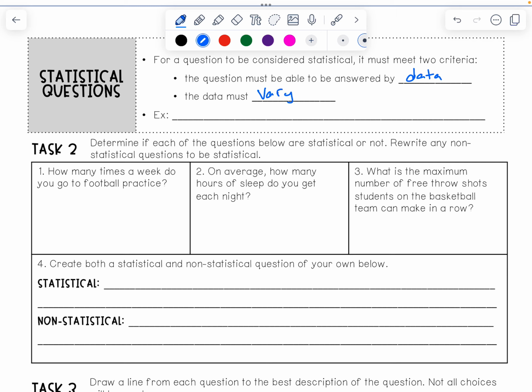I'll explain what those both mean in a moment. But for example, a statistical question could be, how many pets does this sixth grade class have?